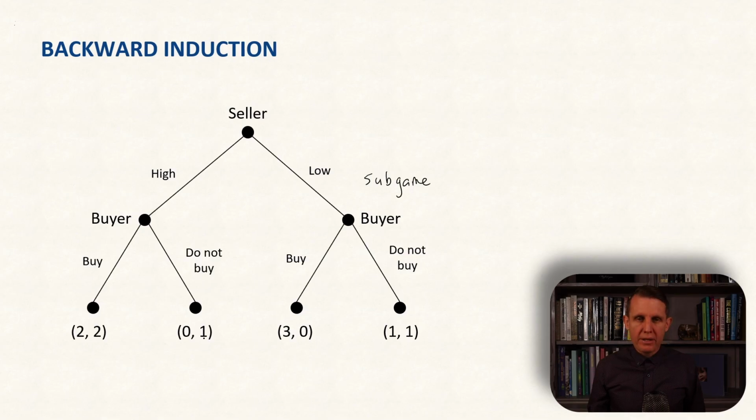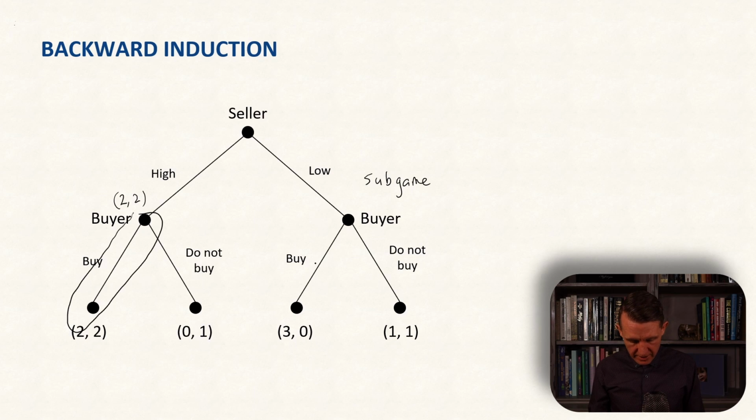If they don't buy, they'll get a reward of 1. Clearly 2 is better than 1, so the buyer is going to select to do this. What we then do is we backpropagate the outcome of this game up to this node. Effectively, we know that if the buyer is rational and self-interested, the outcome of the game at this point will be 2-2.